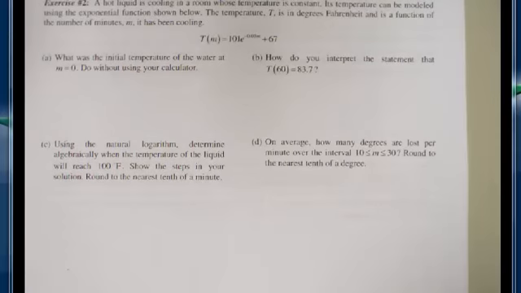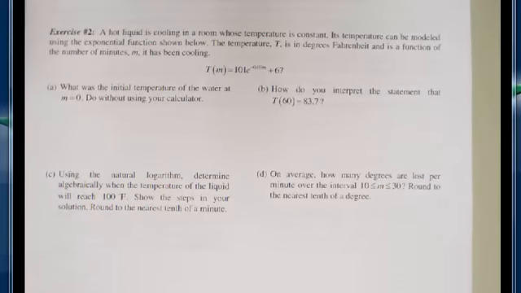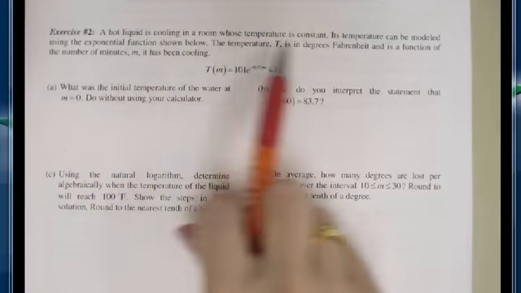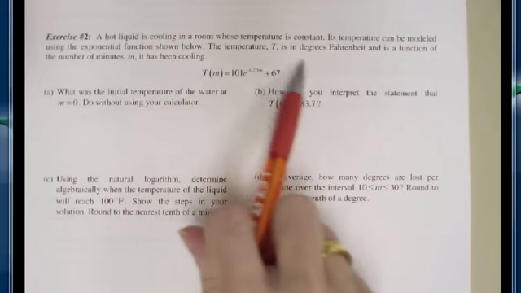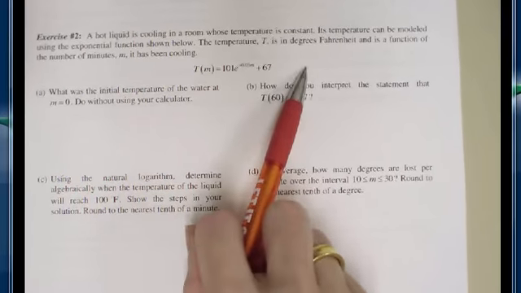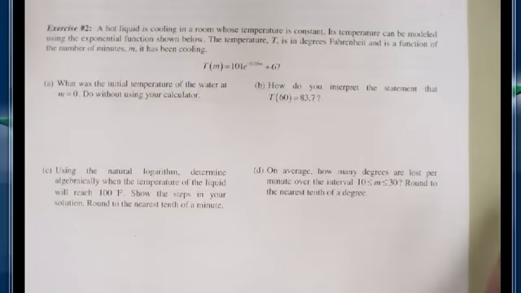And then lastly, word problems dealing with a little more excitement, dealing with the e. So we have the hot liquid cooling, all right, and it gives us the function. So this one was nice. It set it up for us and is now just going to ask us a question about it. So you start with this one. What's the initial temperature?